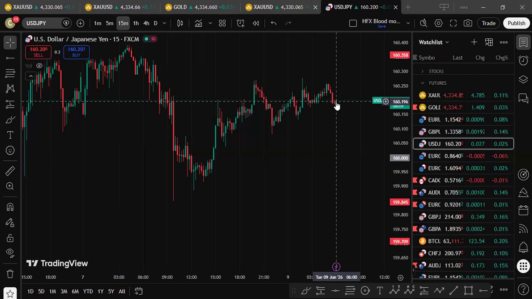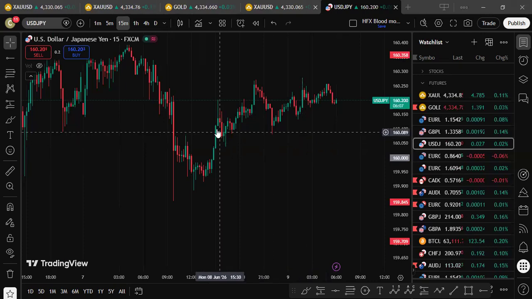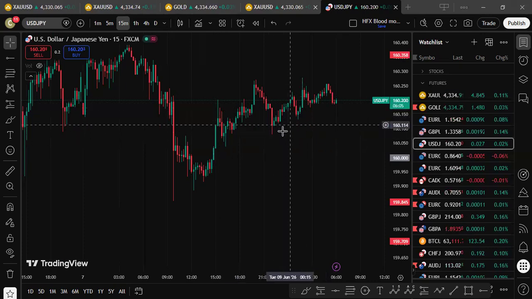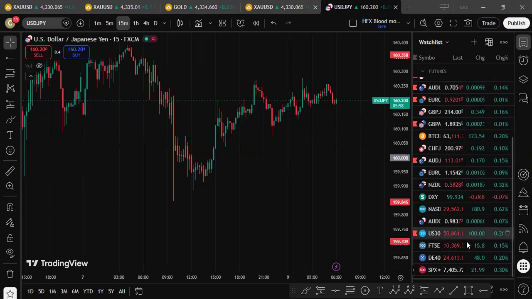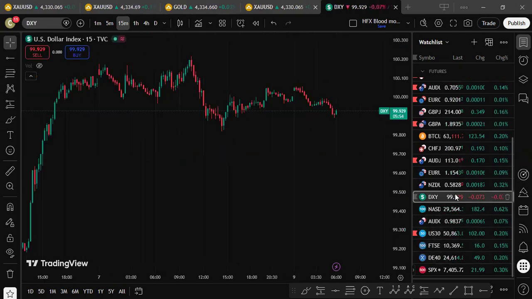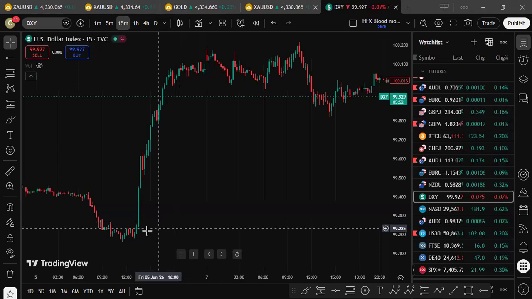Now, if you're analyzing, in fact, let's look at the dollar index and use it as our example. This is the NFP.